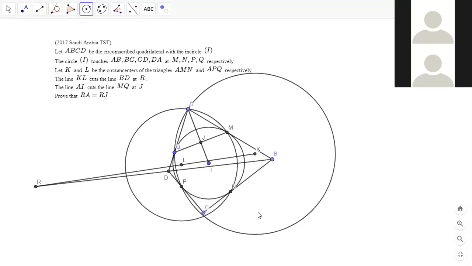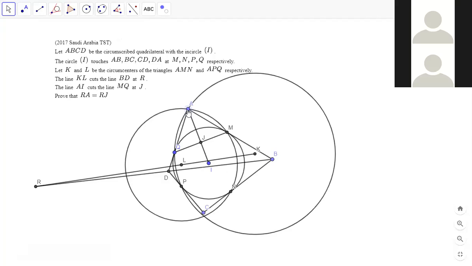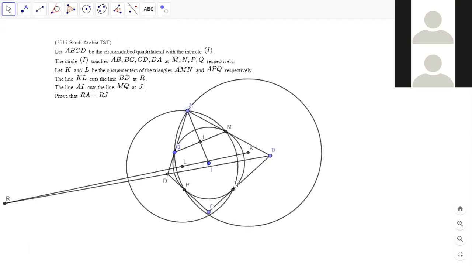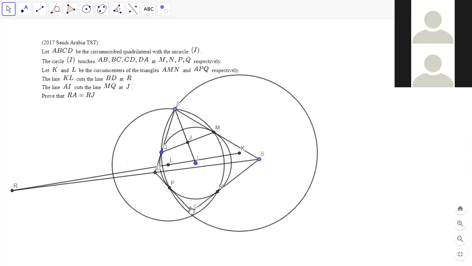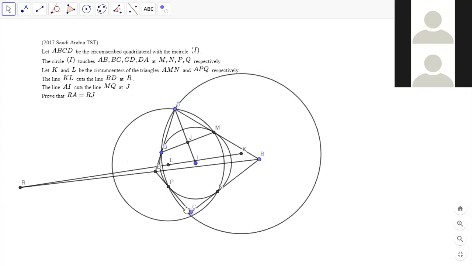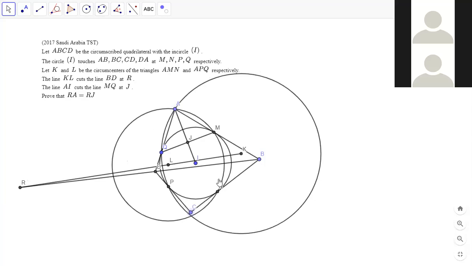That's a good point, Con. It is probably good to label the other intersection point of those two circles. So R would basically be the circumcenter of AJ and that point.